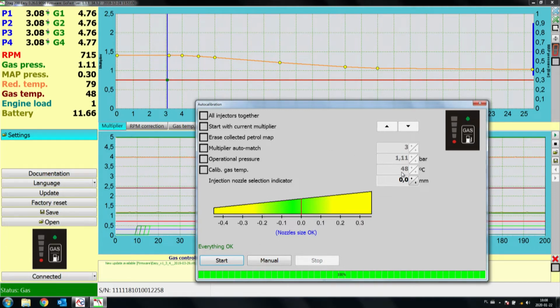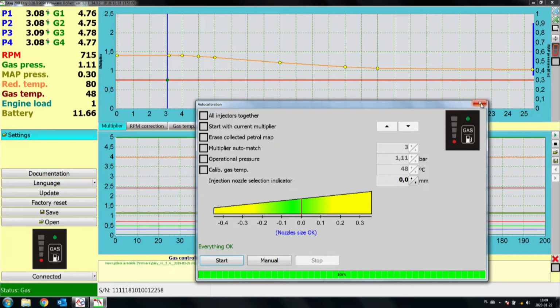It is important to check that the values in this window are the same as in the window on the left side, because when the values are the same, our controller doesn't need to change the injection time according to the difference between those values. Yes, exactly. Or after some mileage, during service maintenance, you also always check the operational pressure here and the one that's real in the system, and they have to be very close to each other.